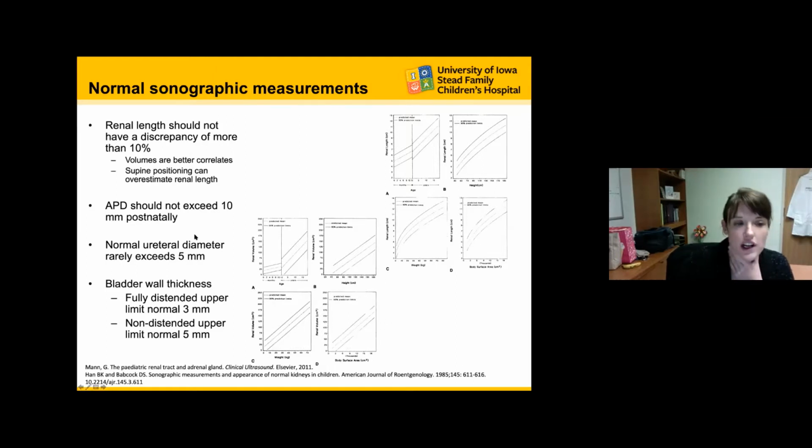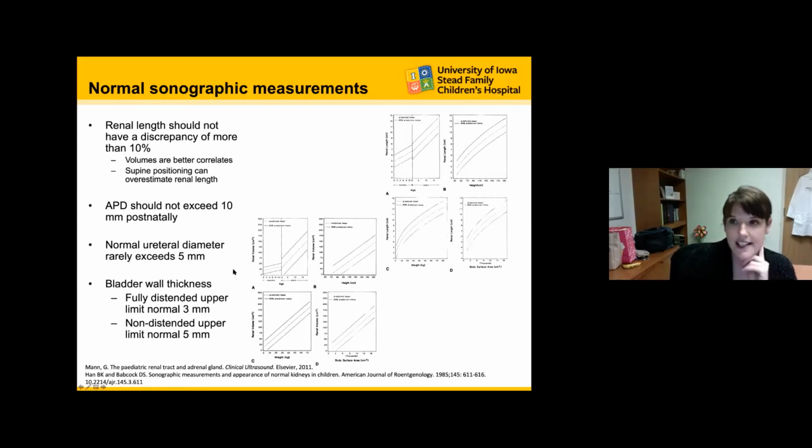The other thing we'll talk about is that the anterior posterior diameter of the renal pelvis should not generally measure more than 1 centimeter postnatally. And we'll talk about that more with hydronephrosis. Normal ureteral diameter rarely exceeds 5 millimeters. As you know, oftentimes with pelvic ultrasounds, you cannot visualize the ureters. In fact, visualizing the ureters does indicate some degree of dilation or pathology.